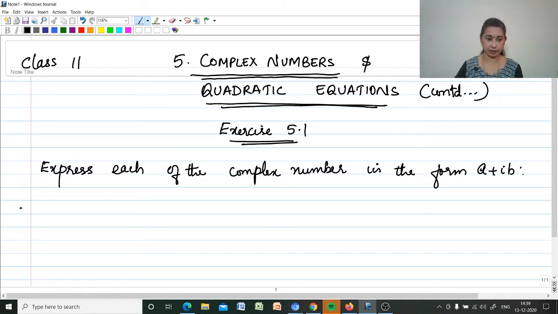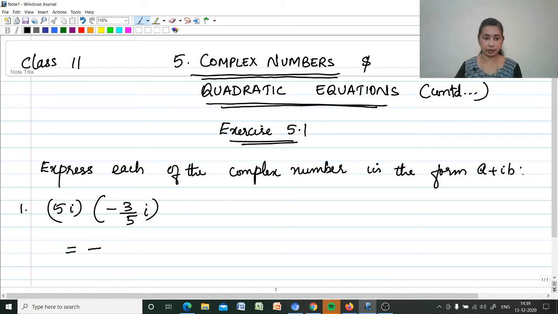In that, first question, 5i into minus 3 by 5i. We have to write this in the complex number form. So for that we first multiply this. We can multiply the numbers and we can multiply i together.